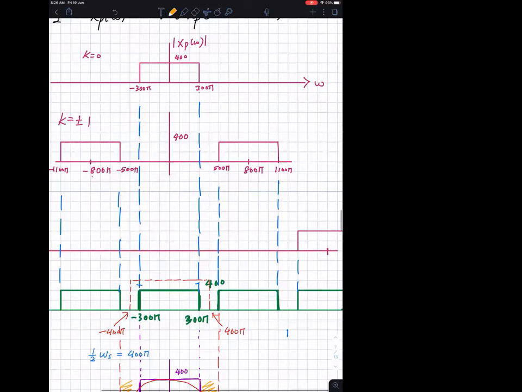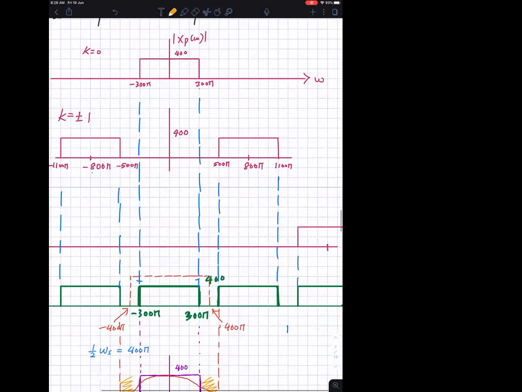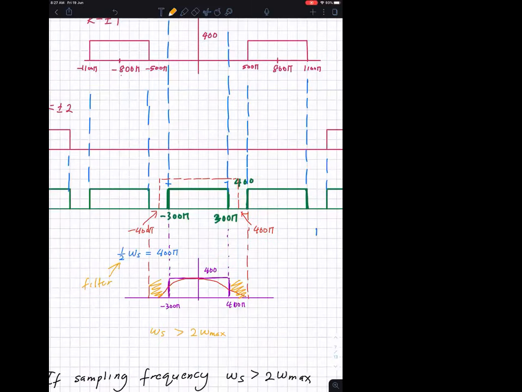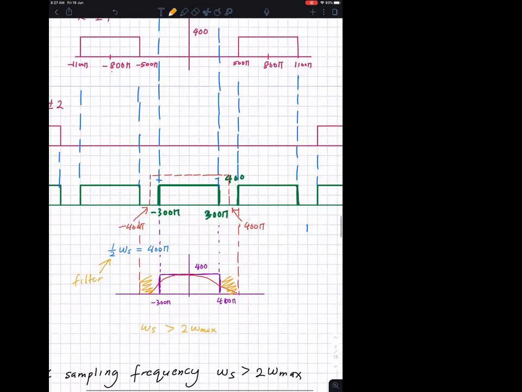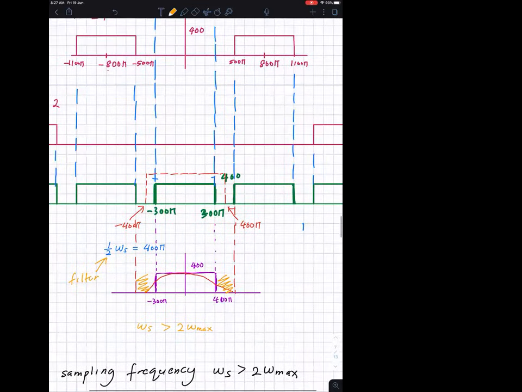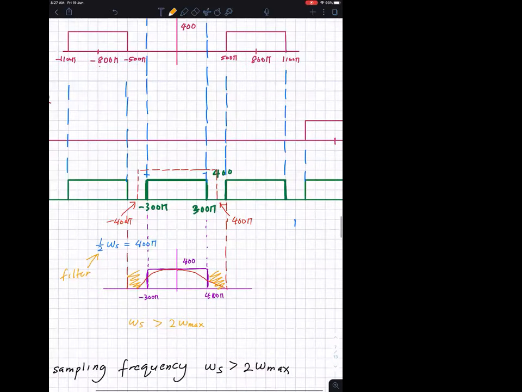But sir, the other side is negative 300 pi, right? Yes, the other side. But usually this is a mathematical thing. In a real filter, we don't have negative. That's a different story, why there's negative.